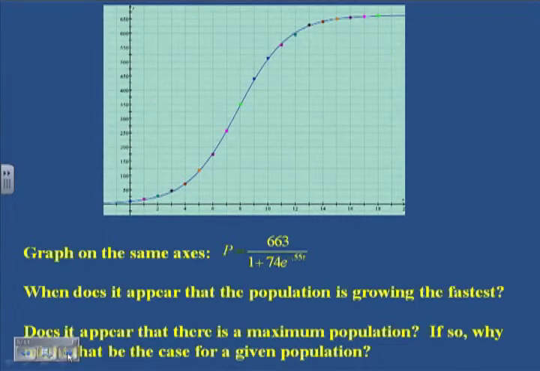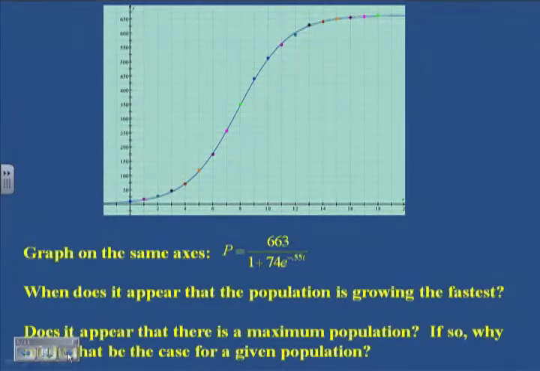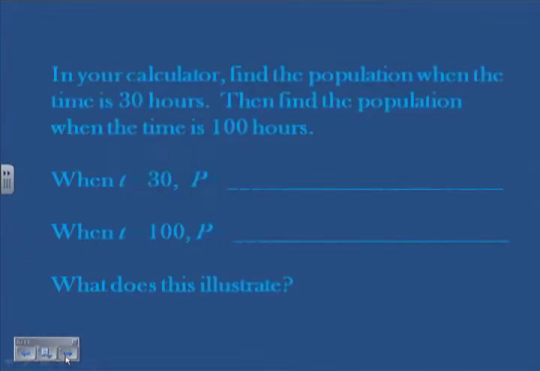If so, why might that be the case for a given population? Well, it could be that at some point in time you've maxed out how much population a particular environment can sustain. Now, of course, you need to talk to the biology people for a better understanding of all that, but I think this is a reasonable, basic observation.